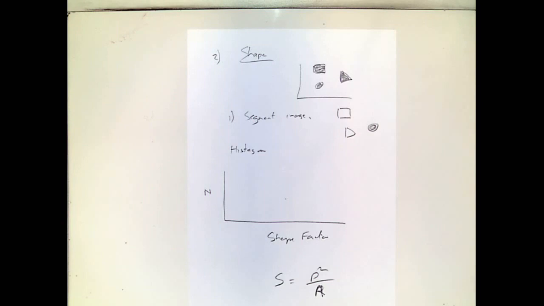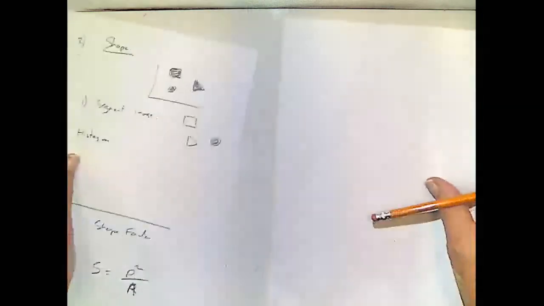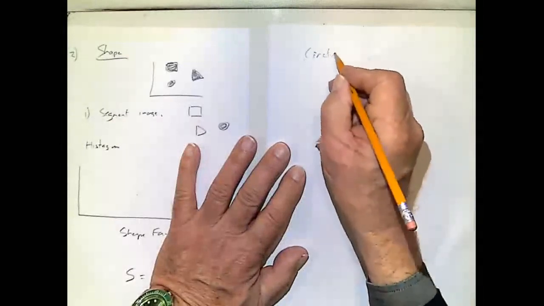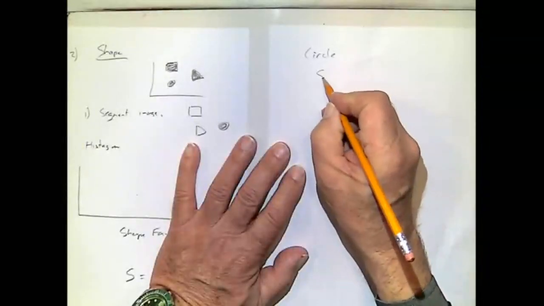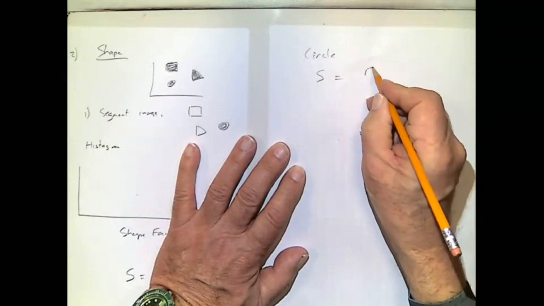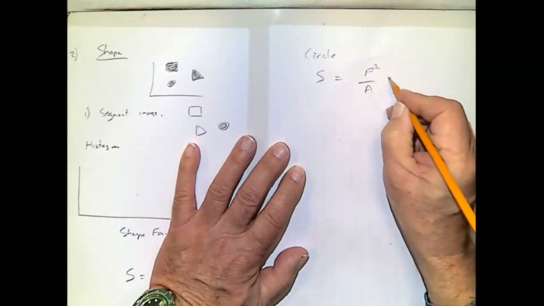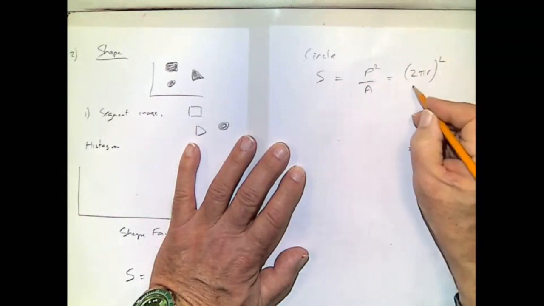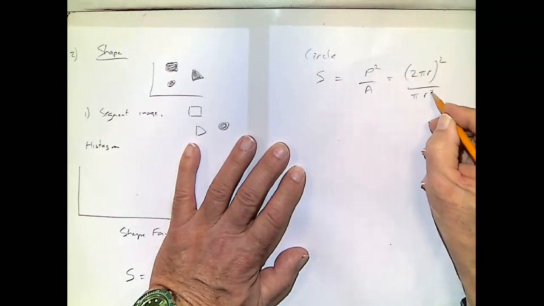Well, if you can't remember, plug it in the equation. For a circle, S is going to be P squared over A, which is 2 pi R all squared over A, which is pi R squared.